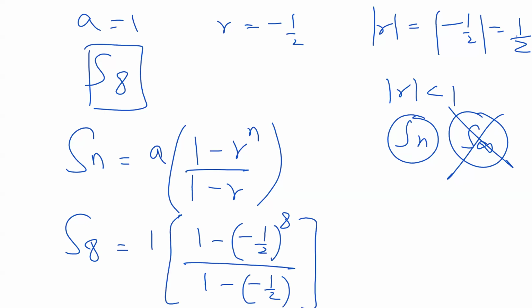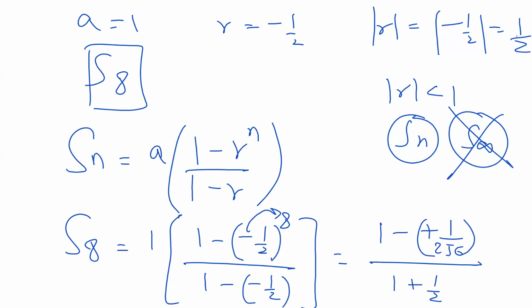Minus half raised to 8 is positive. 1 upon 2 raised to 8 is 256, upon 1 plus half.